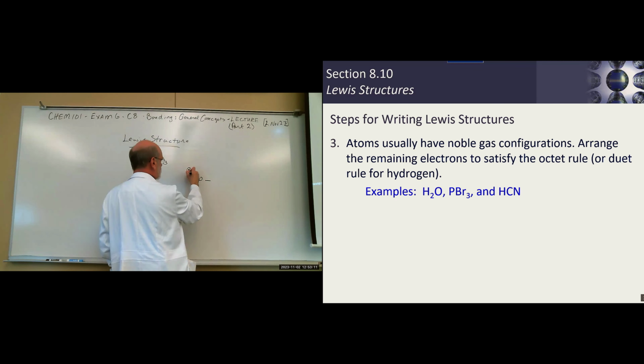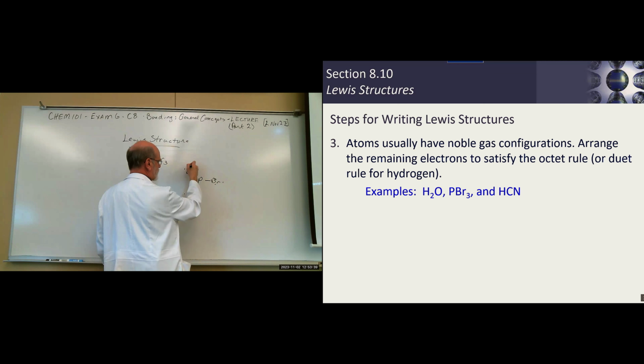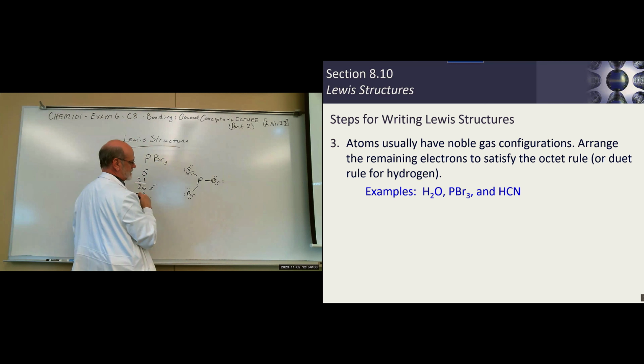Now we work from the outside in, making octets as we go. So we have 20. We count 1, 2, 3, up to 18.